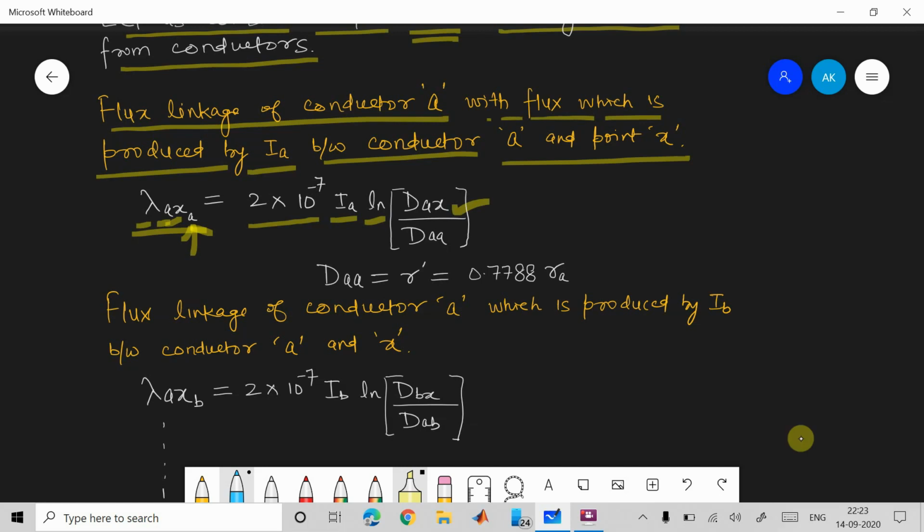DAA is a new term. Actually, it is another way of writing R dash. We know this R dash is the GMR, geometric mean radius, which is equal to 0.7788 R. So this DAA is nothing but equal to R dash.